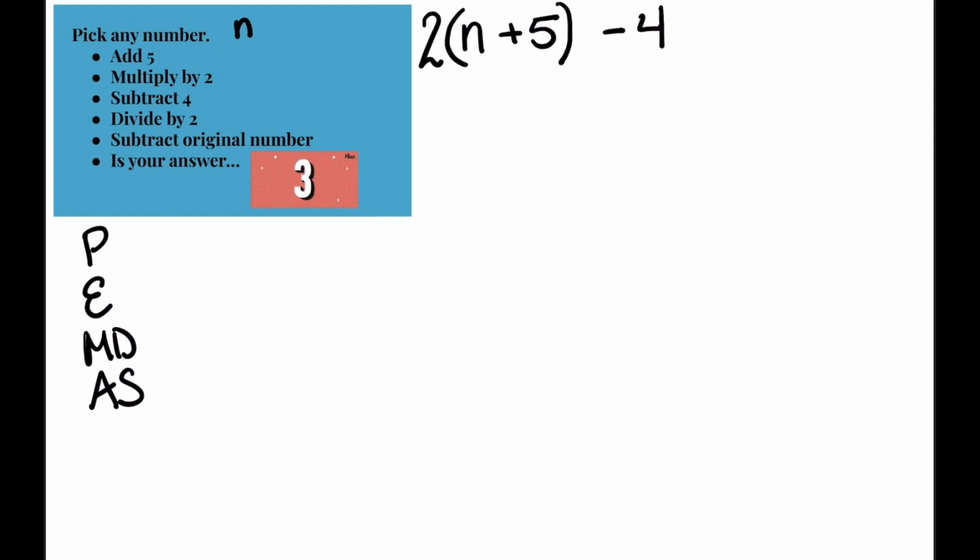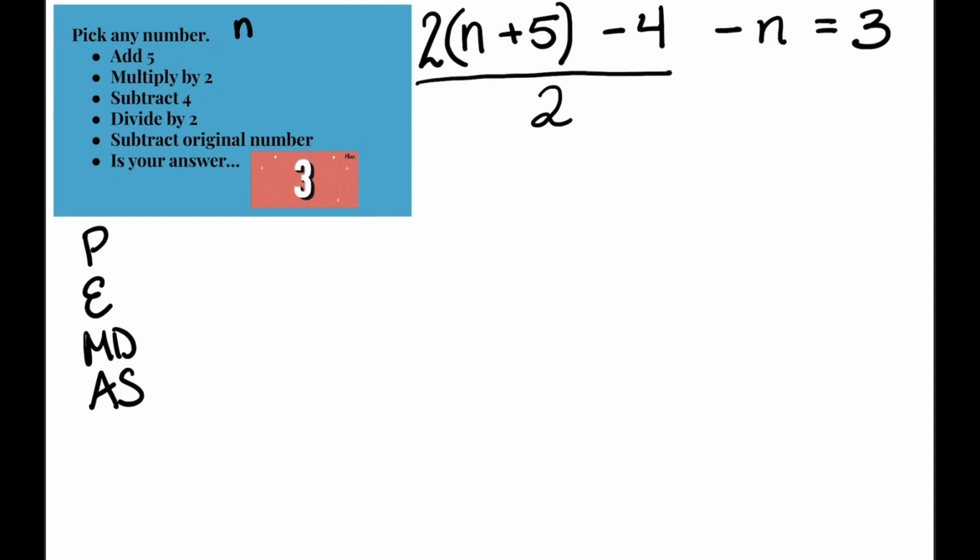Now I'm going to subtract 4. And this is again where it gets a little tricky because I have now divide by 2. I could put another parentheses all around here. That's one way. But I'm going to represent it in a fractional form because that's what we're teaching kids to do right now. So I'm going to write it in a fractional form, divided by 2. And after we divide by 2, all of this, we're going to subtract our original number n.